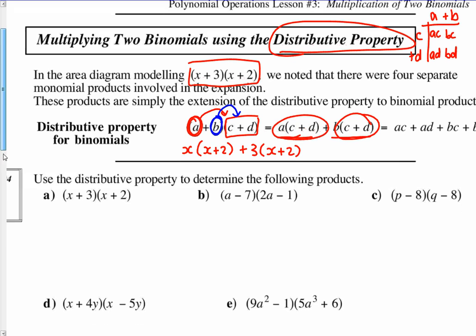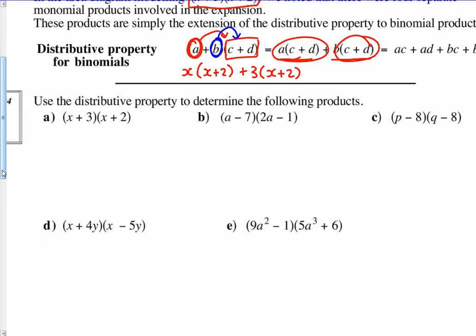So how do I write out the distributive law for the first one? What we're writing is the first term in the first binomial times the second binomial. Then we write the second term, plus 3, times the second binomial. We're going to check if this gives us the same thing as a chart. So what is x times x? X squared, so arrows. X times 2, 2x. 3 times x.